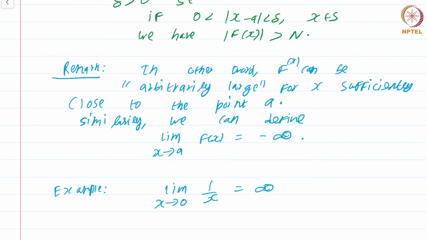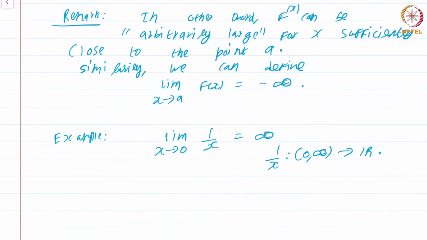So here I have to specify 1 by x is defined from (0, infinity) to R. I can get away with this by redefining 1 by x to be only on the positive numbers. Now this is fairly easy to show, so I'm going to skip the proof and leave you to do it. This is fairly straightforward.